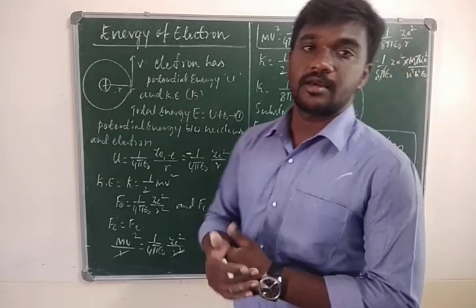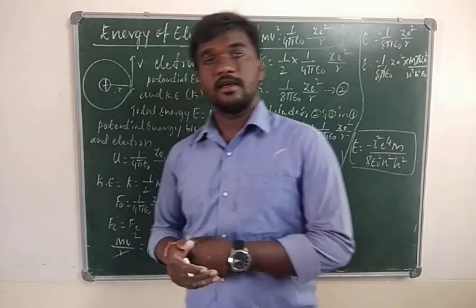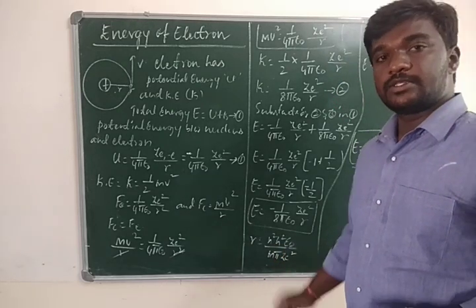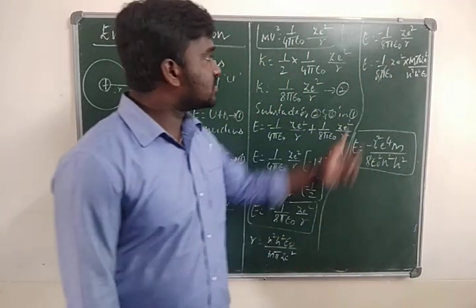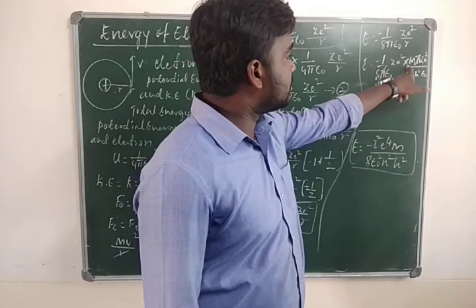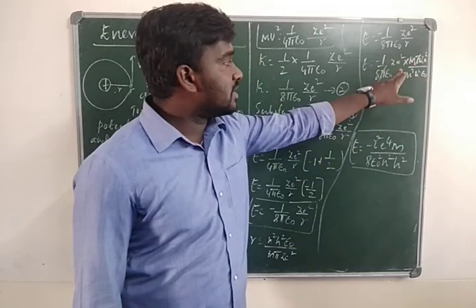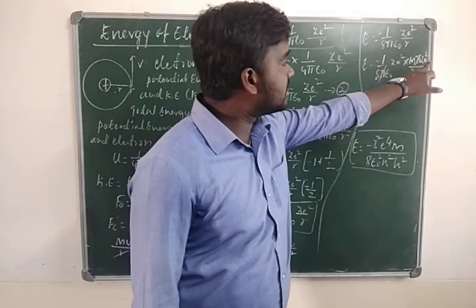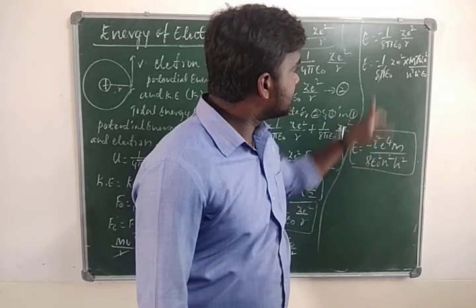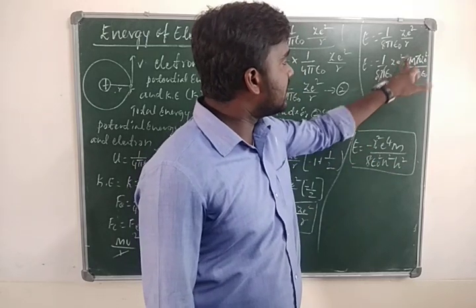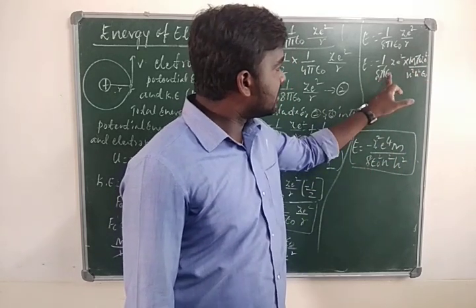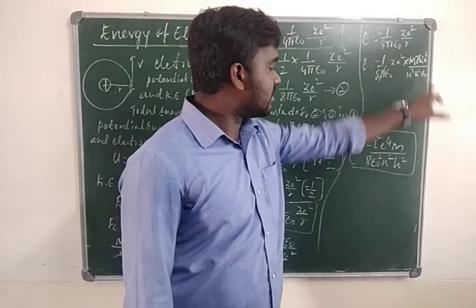Since R is the radius, we have already derived the radius of the electron. The radius of the electron is nothing but n square h square epsilon naught by m pi Ze square. When we substitute this radius in the energy equation, we get minus 1 by 8 pi epsilon naught Ze square into, when dividing, the denominator gets interchanged, m pi Ze square by n square h square epsilon naught. Pi gets cancelled, where E is equal to minus Z into Z square e to the power of 4 m, the denominator 8 epsilon naught into epsilon naught square n square h square.